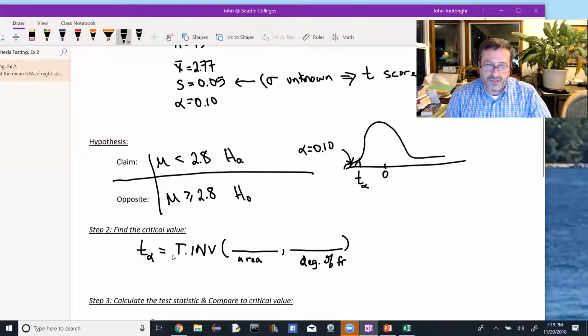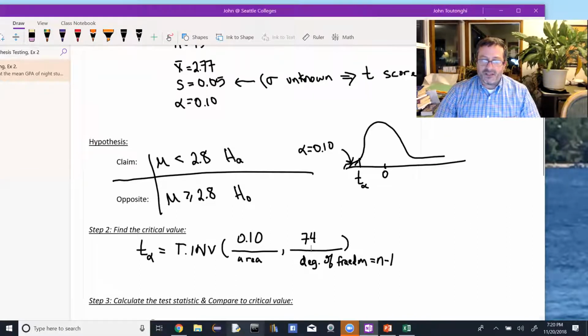So degrees of freedom will always be, for this case, whatever the sample size is, minus 1. So our area to the left is 0.10. And our degrees of freedom, I gotta look up here, what n was, 75, so we have 74 degrees of freedom.